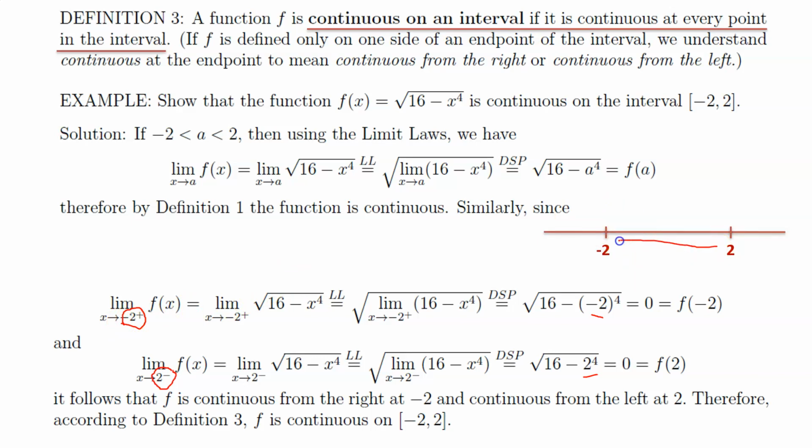Anything from the right is within the interval. And this 2 over here, we choose it from the left, because anything that come from the left is within this interval. We don't want to see this side, we don't want to see on this side. We only want to see within this interval. That's why we only test for these two, -2 from the right and 2 from the left.